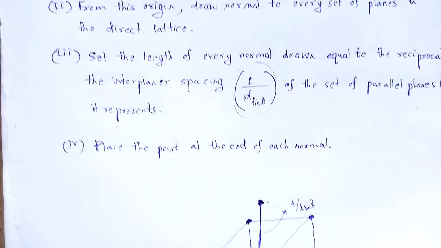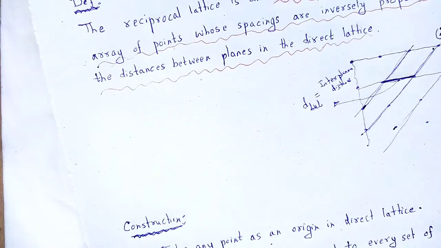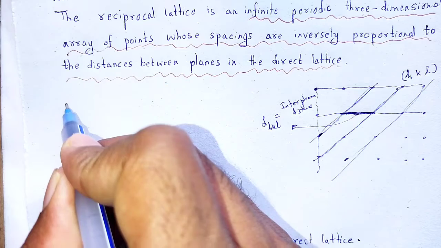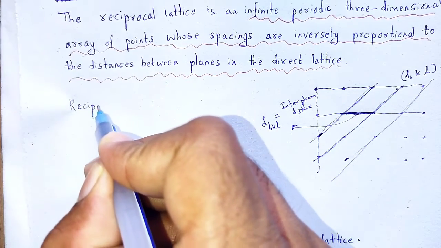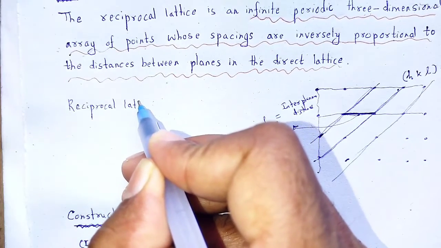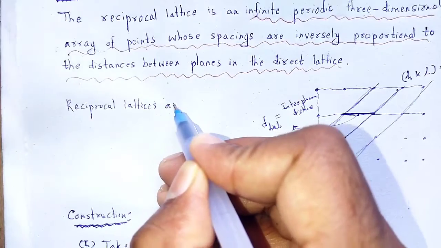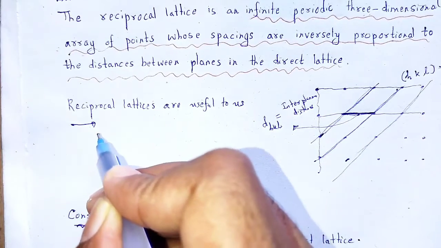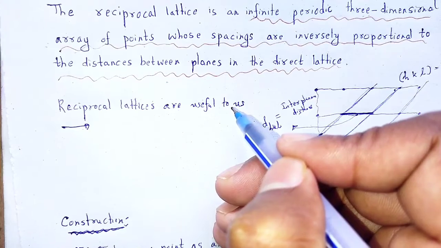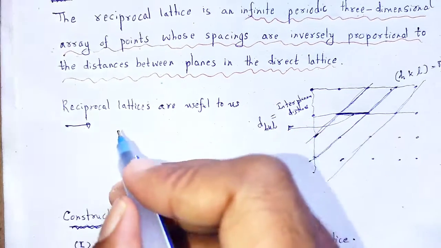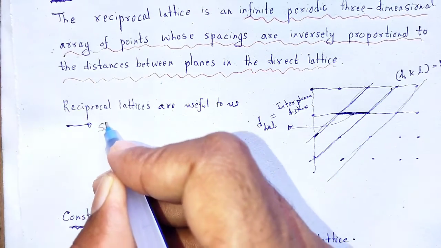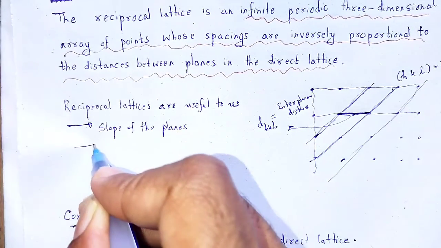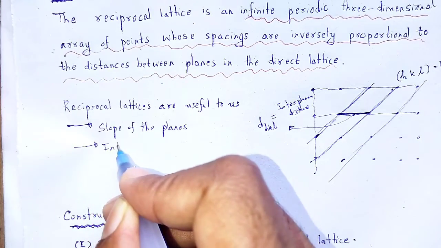Reciprocal lattices are useful to us to know the properties of the crystal plane, the slope of the planes, and the interplanar spacing.